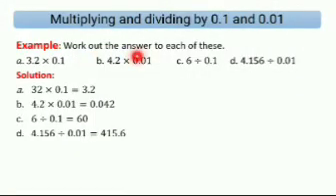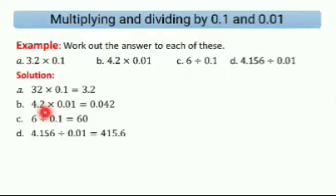Now, let's look at another example. Work out the answer to each of these. The first one, 32 multiplied by 0.1. 32 multiplied by 0.1 is the same thing as 32 divided by 10, because after the decimal there is just one digit, it will be 1 over 10. So 32 divided by 10 will give you 3.2. Is that clear?